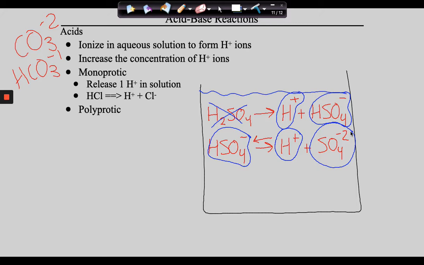You've got some bisulfate ion and some sulfate ion. The only thing that you do not have is the H2SO4 because that completely breaks apart. Does that make sense? Is that okay? All right. So guys, this was also then a great introduction to strong and weak acids. This is a strong acid. This is a weak acid.